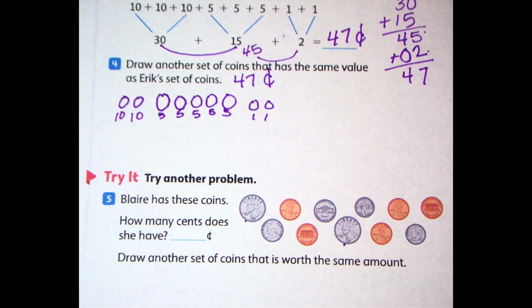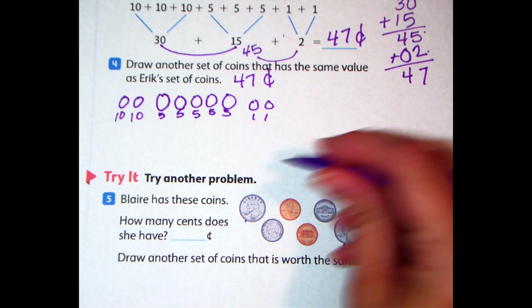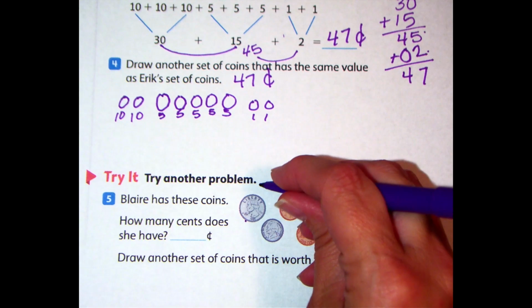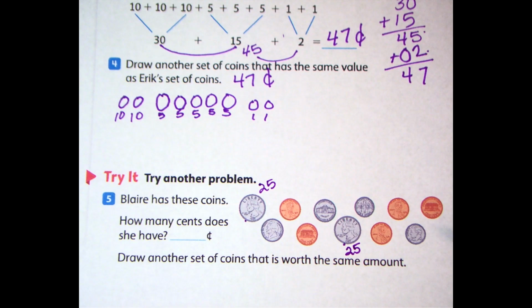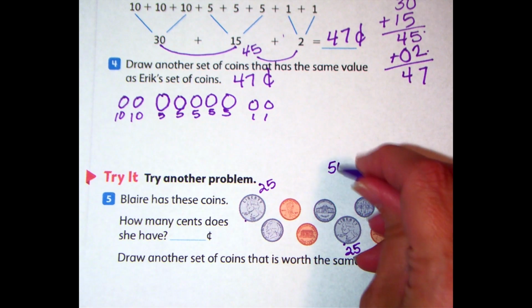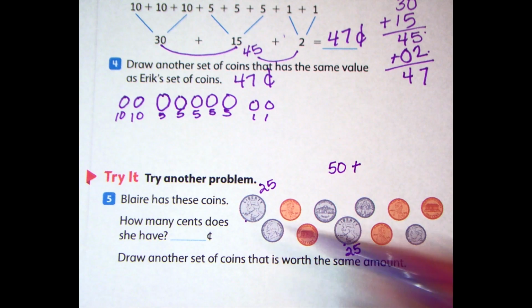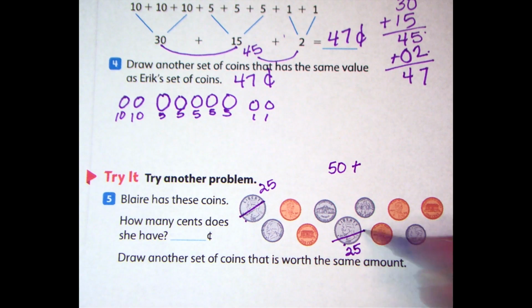And if you remember from our previous lesson, a quarter is how many? Okay? Yes, a quarter is 25 cents. So I'm going to write 25 here. So if I have 2 quarters, that makes 50 cents.